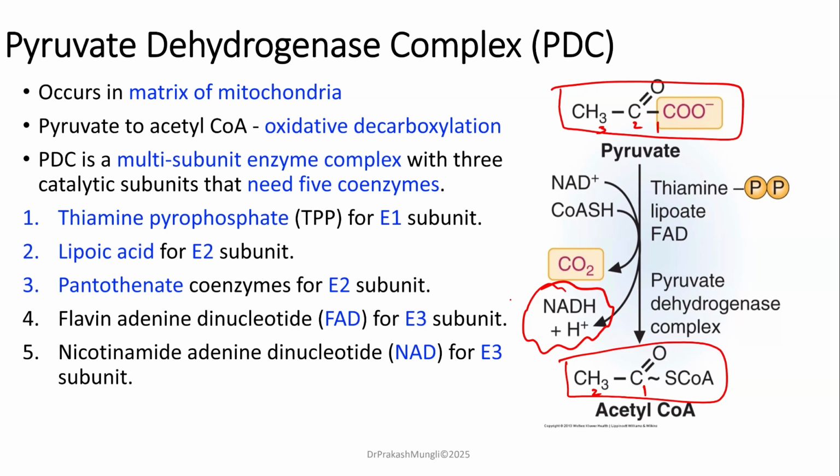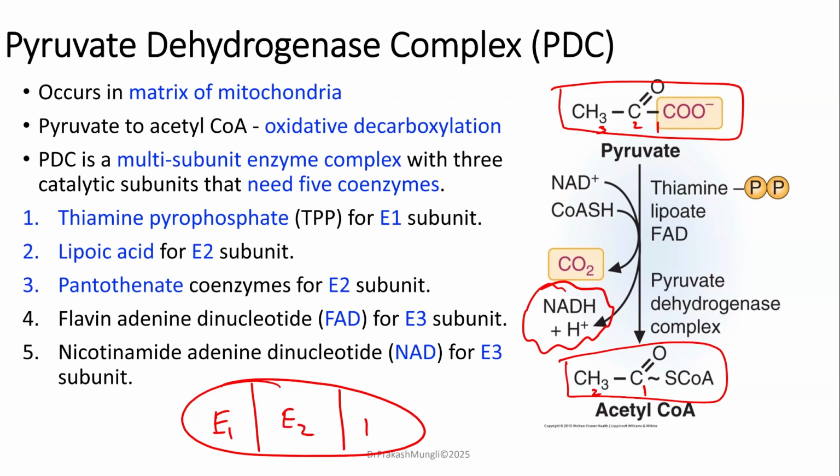In order to do this simple function, that is oxidizing pyruvate into acetyl-CoA, this PDC needs 3 subunits. It's a complex enzyme. If I break this PDC, say draw it something like this, I'm going to divide this into E1 subunit, E2 subunit, and E3 subunit. Each one of these subunits needs specific coenzymes, which are mostly water-soluble vitamin derivatives.